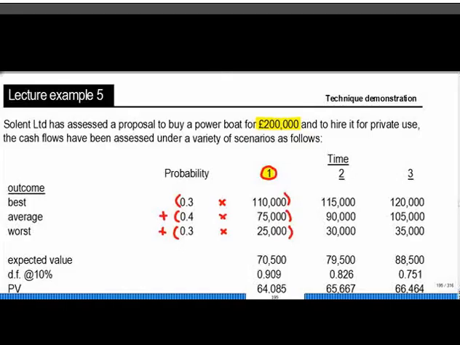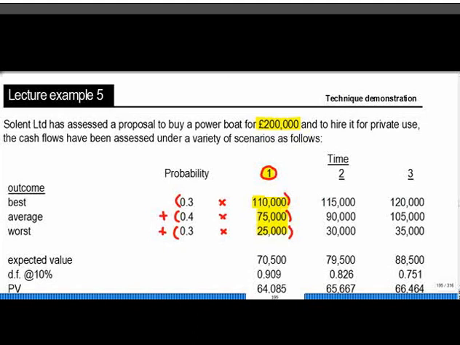Lecture example 5 is pretty much a worked example. It looks at a proposal to buy a powerboat for 200,000, and this will give an outcome in time 1 which might be 110,000 with a 30% chance, or it might be 75,000 with a 40% chance, or it might be 25,000 with a 30% chance.